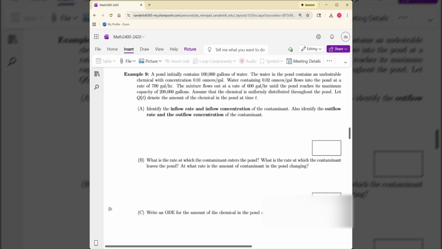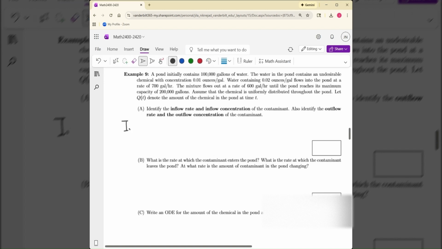So in part A, it's asking you to find the inflow rate, which we figured out is 700 gallons per hour. And then the outflow rate, which is 600 gallons per hour.